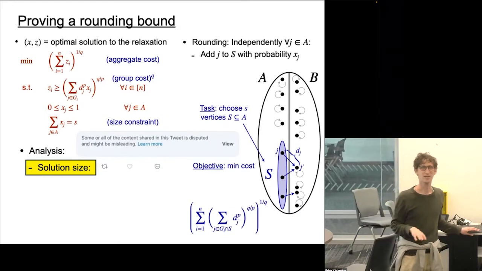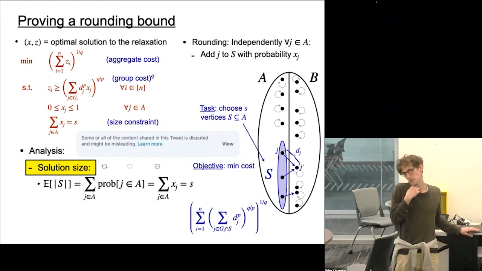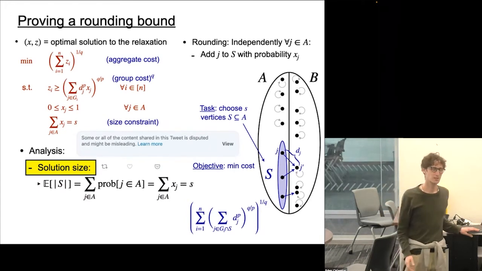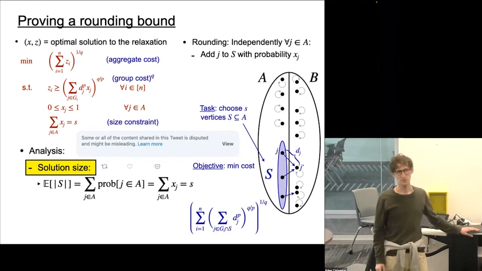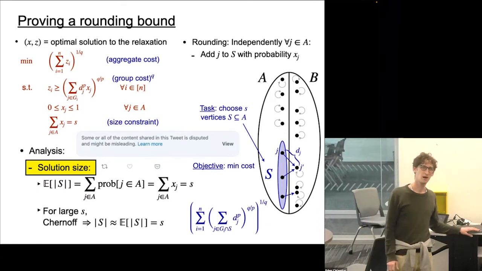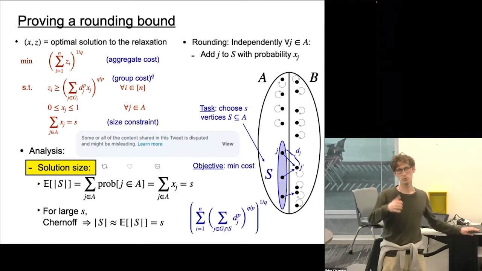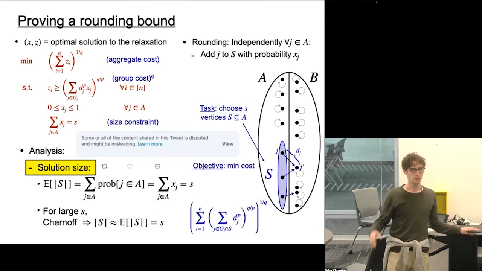Don't worry. Okay. So first, let's analyze the solution size, the number of points that we choose. This is just linearity of expectation, and because this expectation is large, Chernoff dictates that with high probability we will be very close to the right number of points. So that's not a concern.